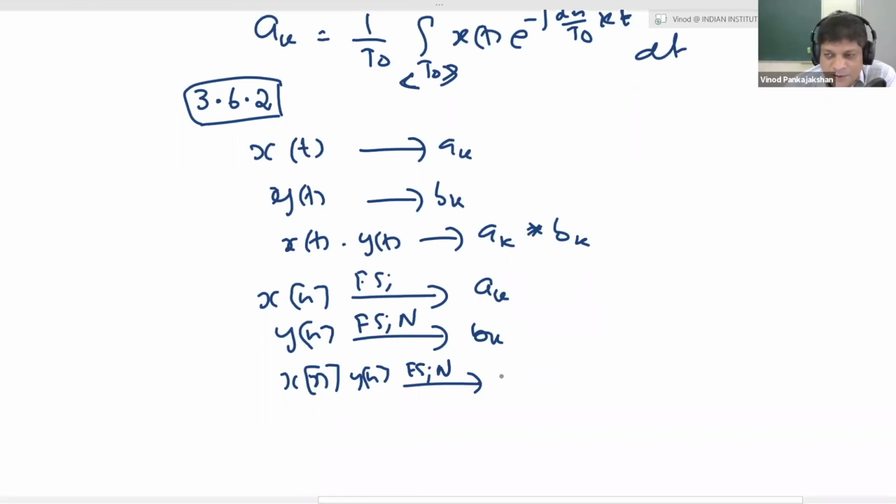So we have discussed something called periodic convolution in the previous class. When you convolve two periodic signals, it is called periodic convolution. What is the difference between normal convolution and periodic convolution? If you convolve these two signals, the normal convolution is summation from minus infinity to infinity.